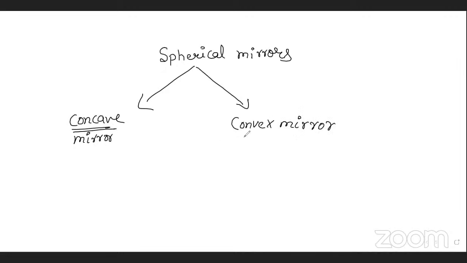Concave looks like this, and convex looks like this. Got it? So these are the two types of spherical mirrors. If someone asks you what a spherical mirror is, you can say this is a spherical mirror.